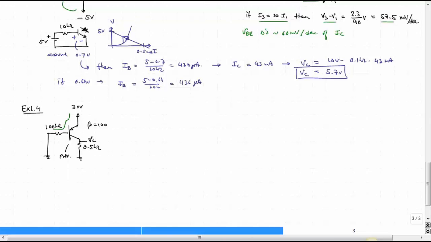So in this case, if you go around this loop, we see that we really have a 30 volt source that is driving all of this. So that right away clues us in on 60 millivolts per decade.